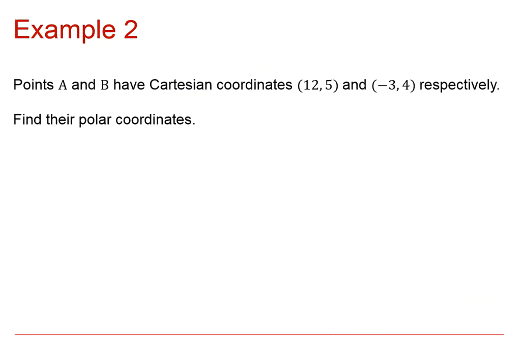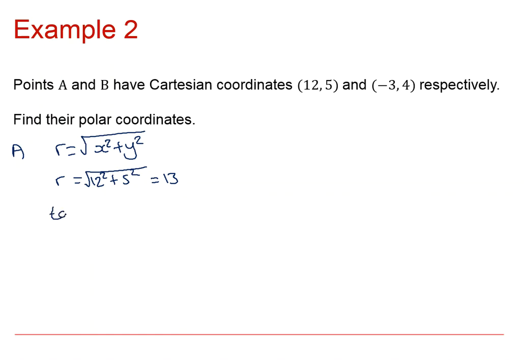Okay, so now we've got a couple of coordinates and we're going to find their polar coordinates. So let's start with A, and we know that r is x squared plus y squared square rooted. So r is 12 squared plus 5 squared square rooted, which is 13.